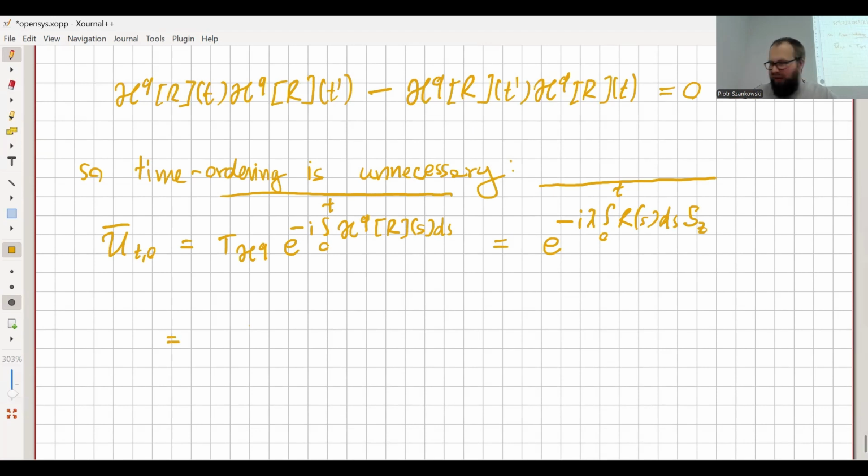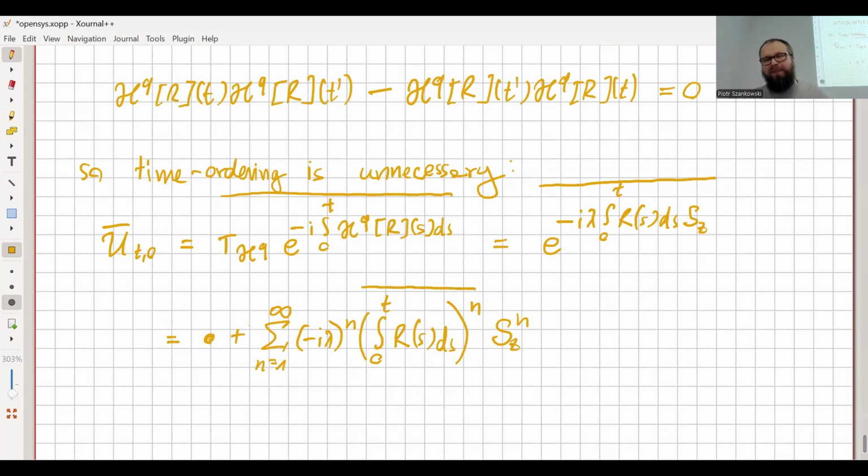Or we can also write it to be super explicit: sum from n equals 1 to infinity of minus i lambda to the n, integrated process R to the power n, S_Z to the power n, averaged, with a factorial, because this is just a standard Taylor series.